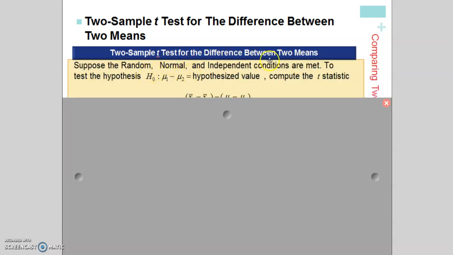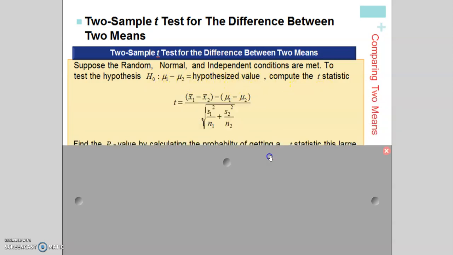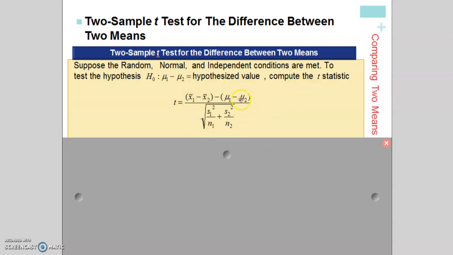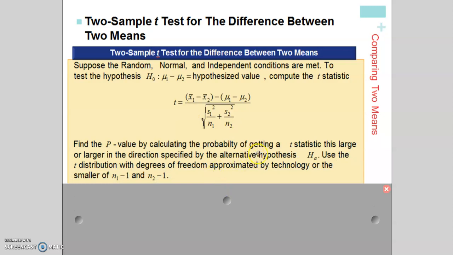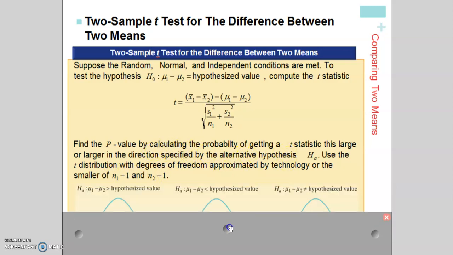So again, random, normal, independent conditions are met. Then the null hypothesis will be that mu1 minus mu2 is some hypothesized value. We compute the t statistic using this formula. And then we find the p-value by finding the area under a t distribution with either technology-given degrees of freedom or the smaller of these two degrees of freedom, in the direction specified by the alternative hypothesis.